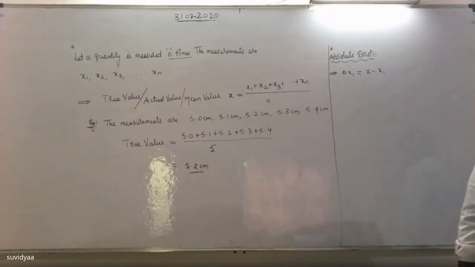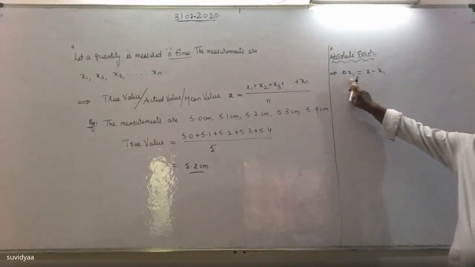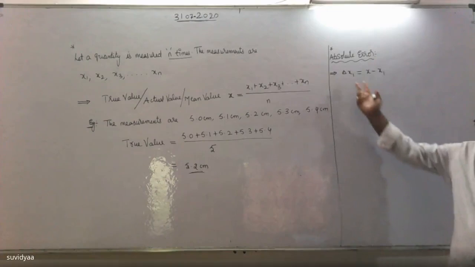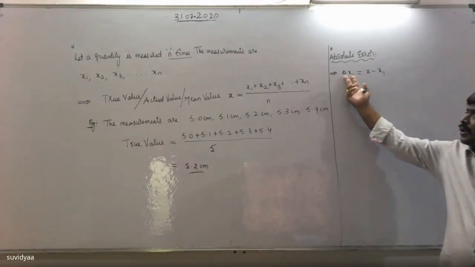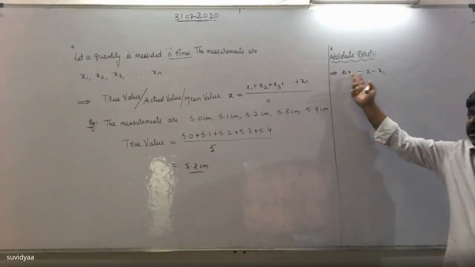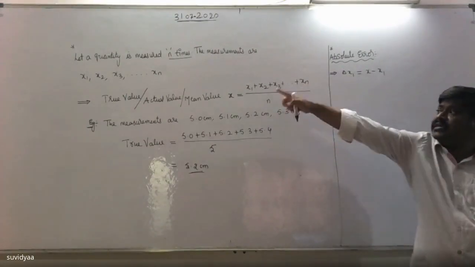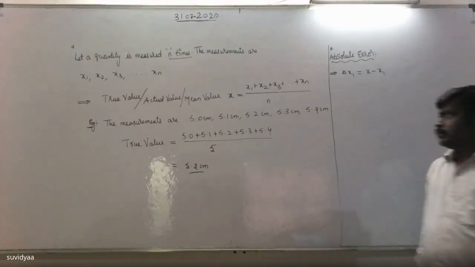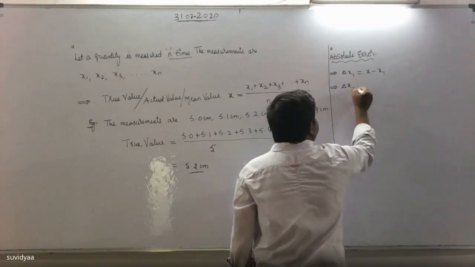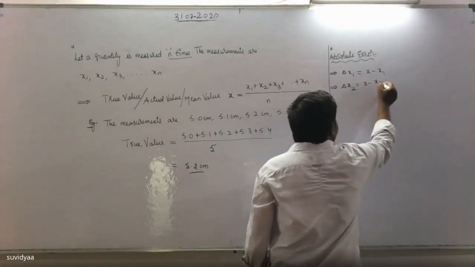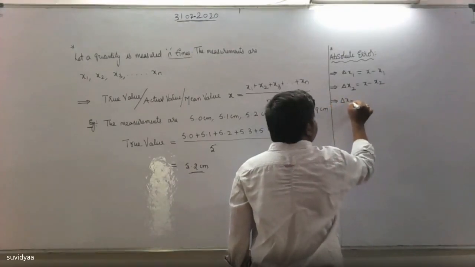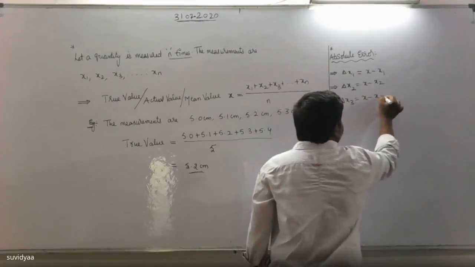Understood? How to find absolute error for the first measurement? True value minus first measurement. Similarly, how to get the second one? Delta x2 is x minus x2, simple. Similarly, delta x3 is equal to x minus x3.